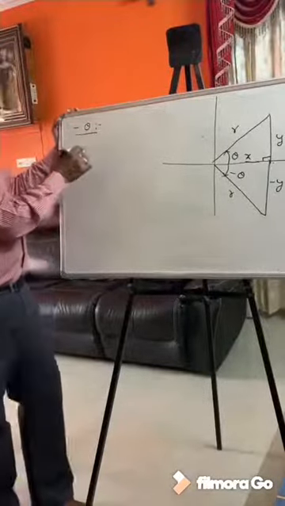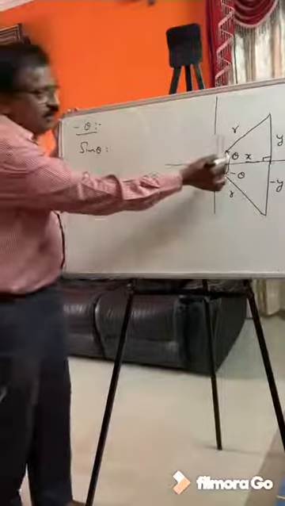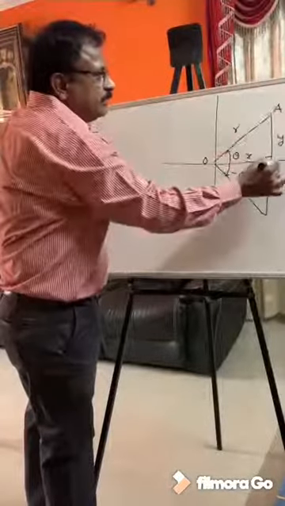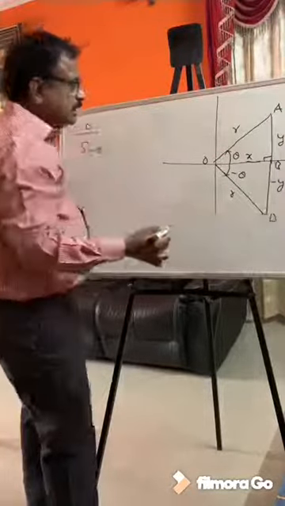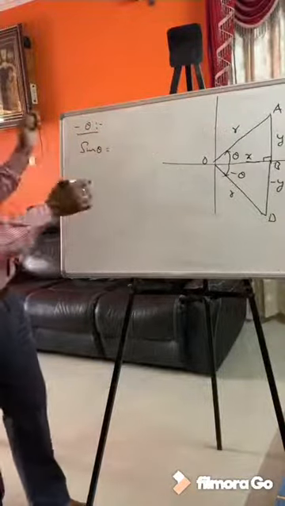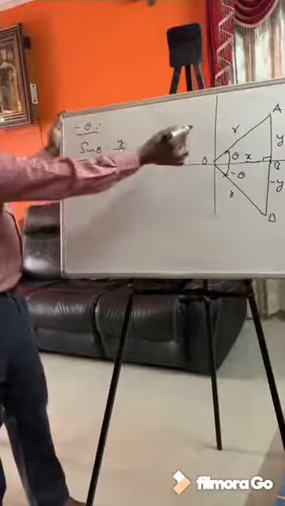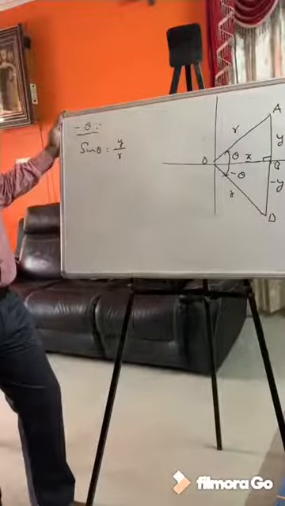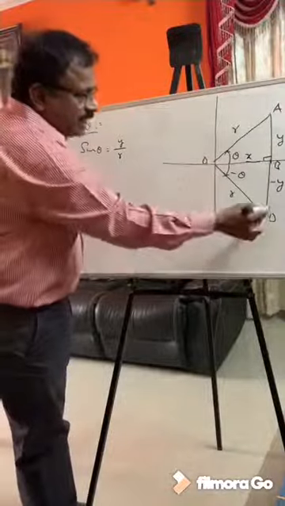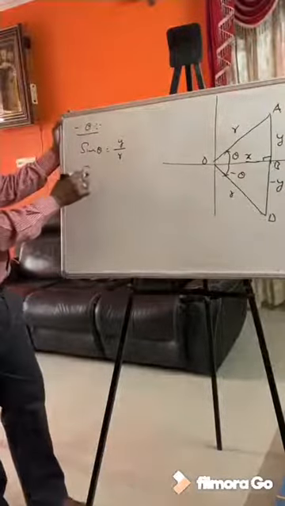What is sine theta? Please try to understand. From the diagram you tell me. In triangle OAB, what is sine theta? Y by r. Why? Because opposite side by hypotenuse. Correct or not? What about triangle OBD? In this triangle, what is sine minus theta?